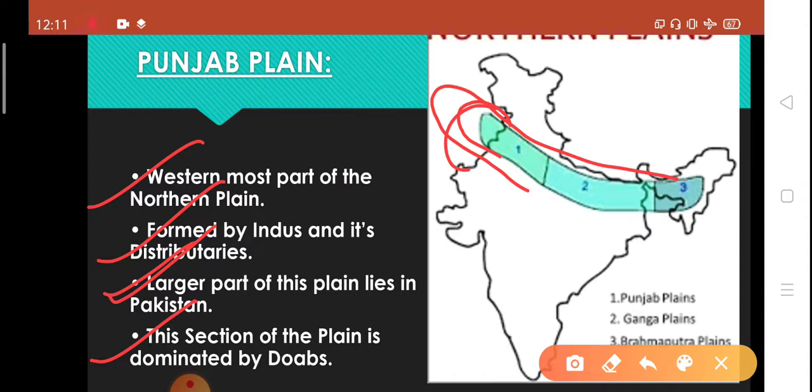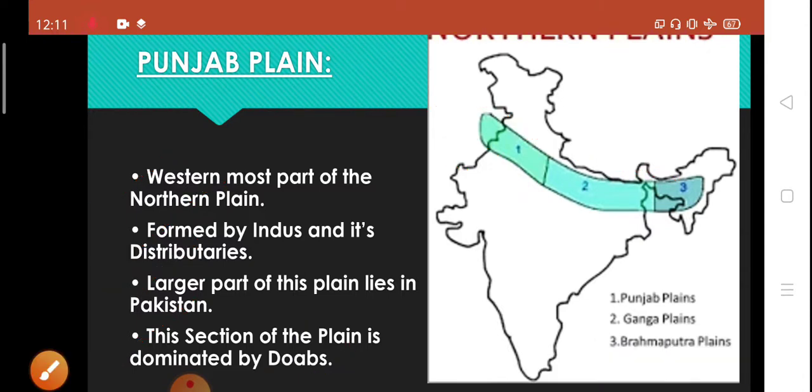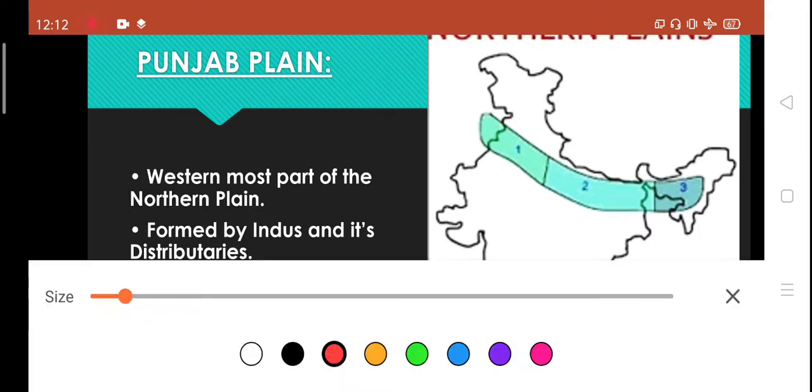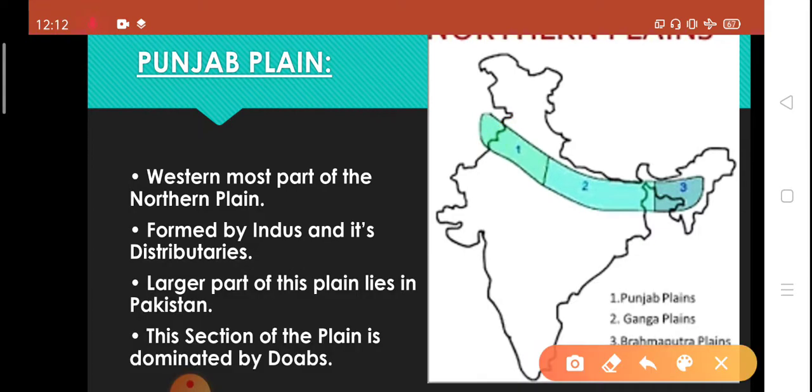Now what are doabs? Doabs are basically land between two rivers. Do means two and ab means rivers. So it is a land which lies between two rivers. There are so many doabs in between. Let's say there are so many rivers flowing here.